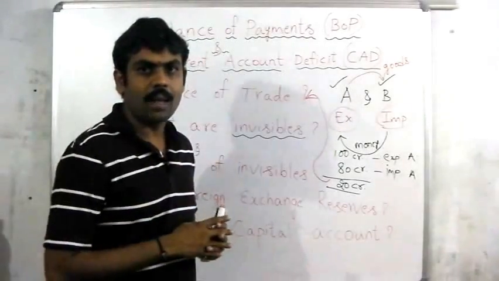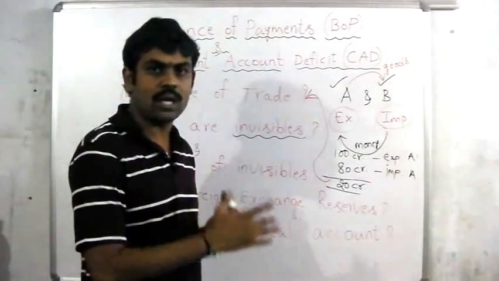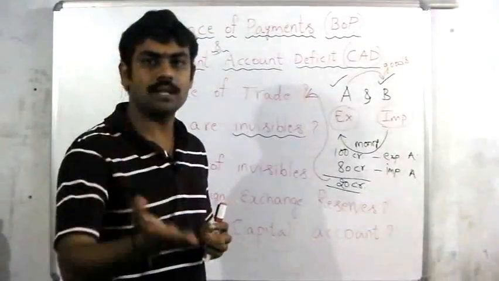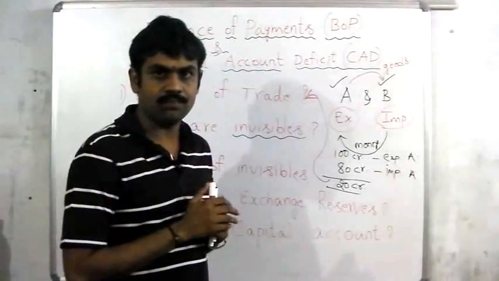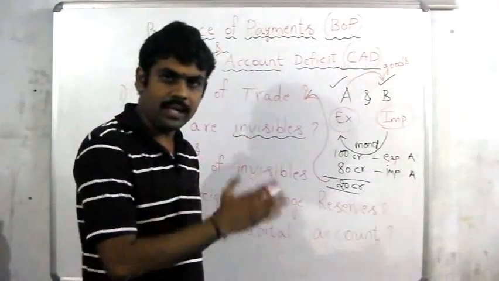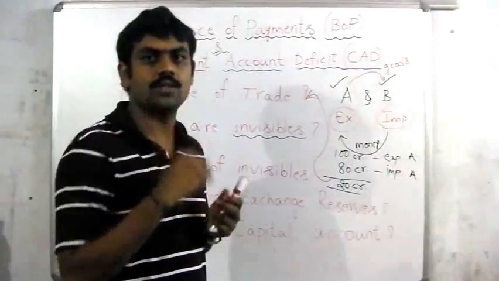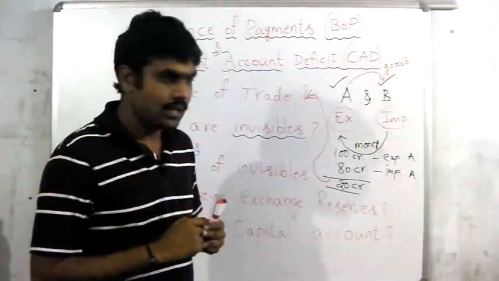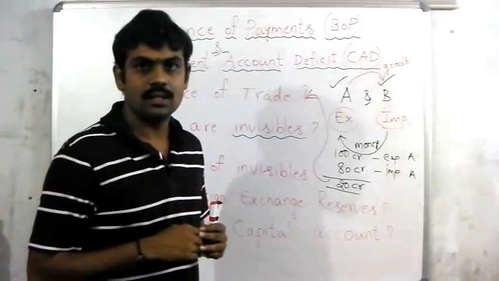Through banking, money is transferred from one country to another country, as well as from the other country to this country. So, if the money is transferred from here to the other country's bank, that is a service.